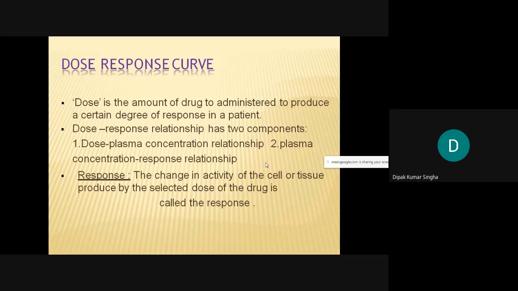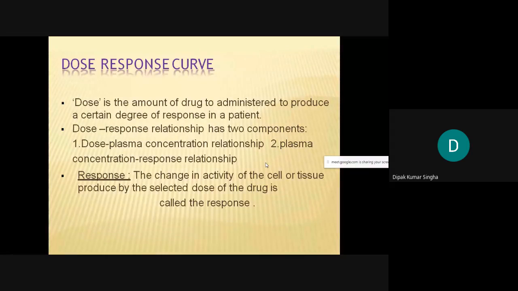Sometimes the effect will not come, sometimes it will, and many factors can affect the dose. When the dose is proper, then the response automatically comes, but sometimes the dose is less and the response does not come. So dose and response are very interrelated terms.